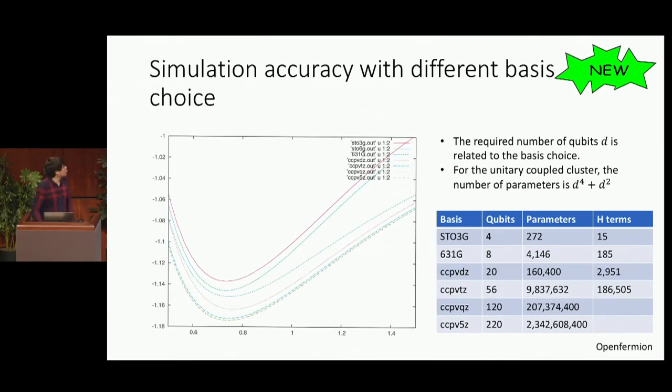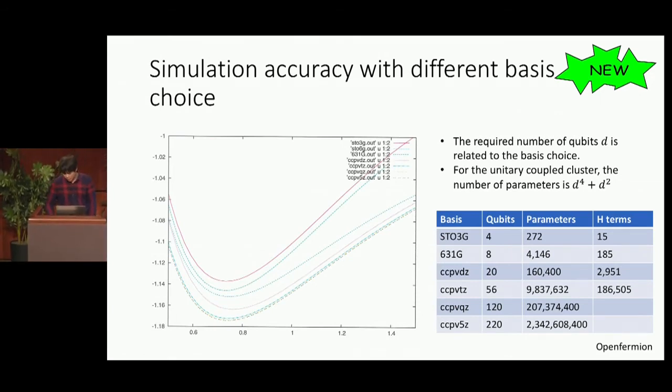Here, I quickly estimate the number of qubits and parameters that we need in the optimization. For example, for the minimum basis, without any reduction, we need 4 qubits and we need 272 parameters. For the most complicated basis, we need 200 qubits and 2 billion parameters to optimize.